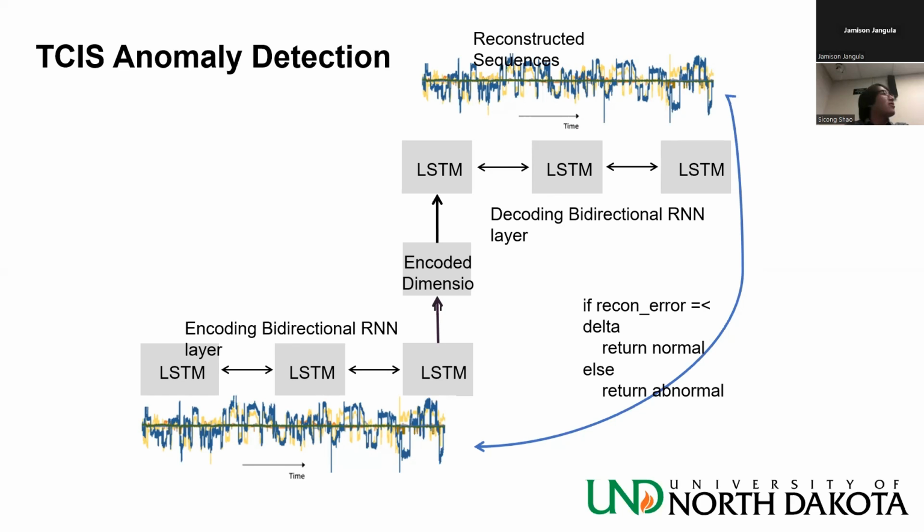But during the test stage, if the input is something normal, because you already observed a similar concept, you should be able to reconstruct it with a lower reconstruction error. But if your input is something abnormal, because it's very different compared with the observations you learned during the training stage, you cannot successfully reconstruct it, and it will result in a large reconstruction error.